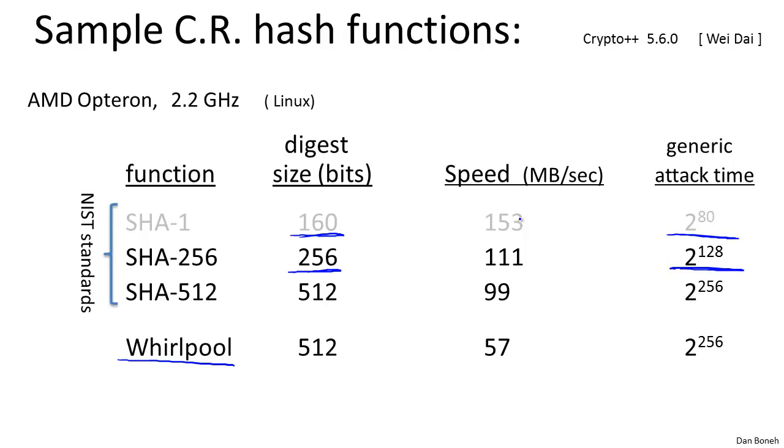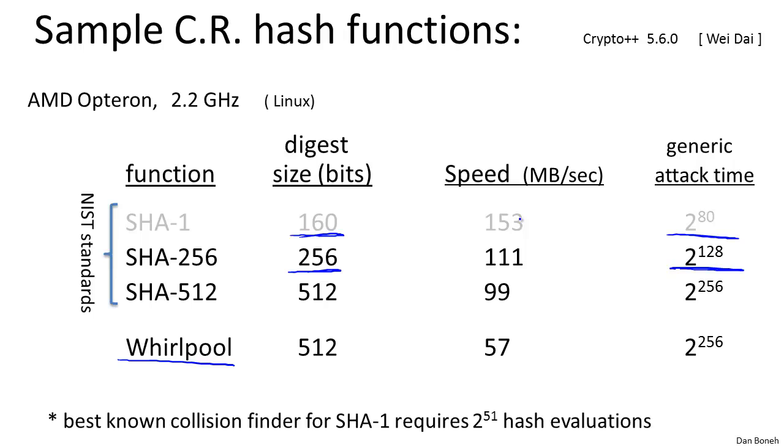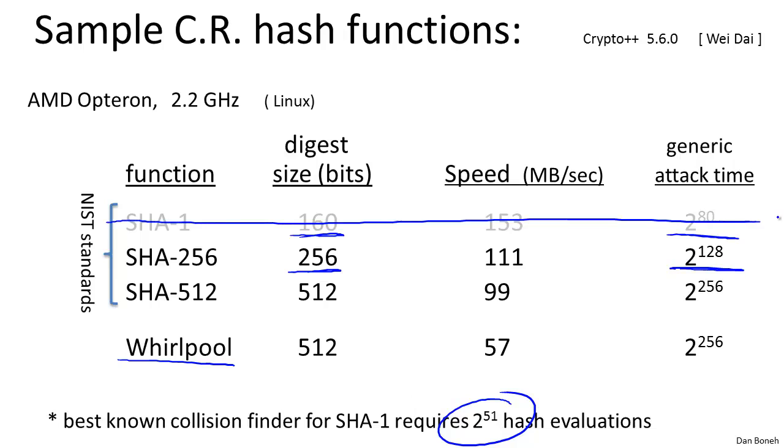Although nobody has found collisions for SHA-1 yet, it's still recommended that in new projects, and hopefully in programming projects in this class, you don't use SHA-1, instead use SHA-256. And in particular, there's actually a theoretical collision finder on SHA-1 that works in time 2 to the 51. So it's probably just a matter of time until finally someone finds a collision for SHA-1 and kills it altogether.